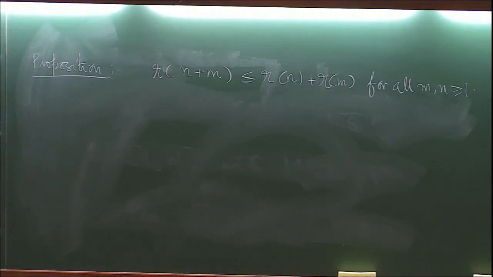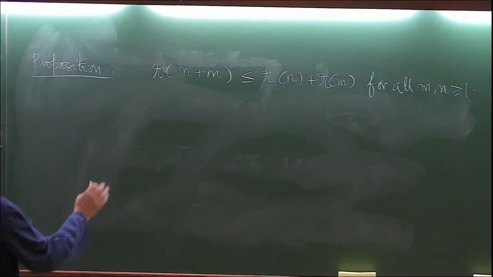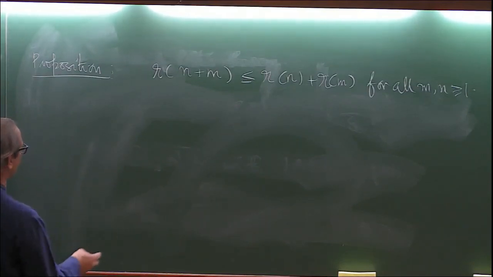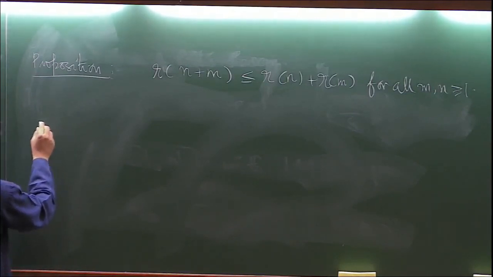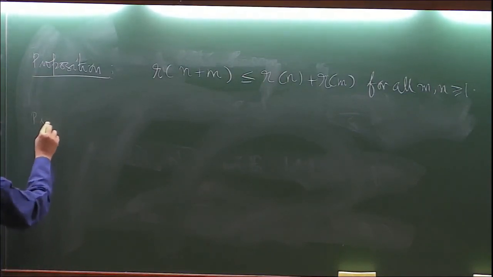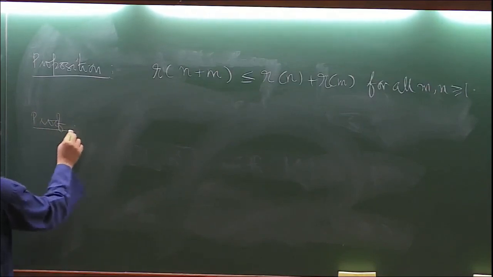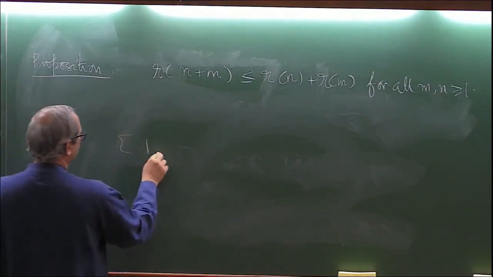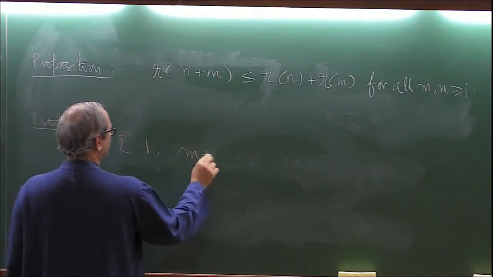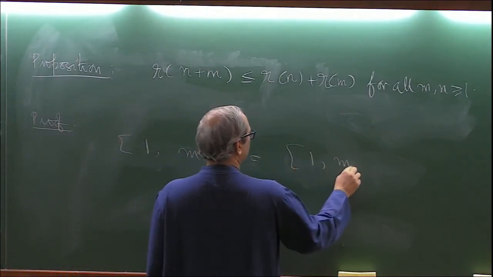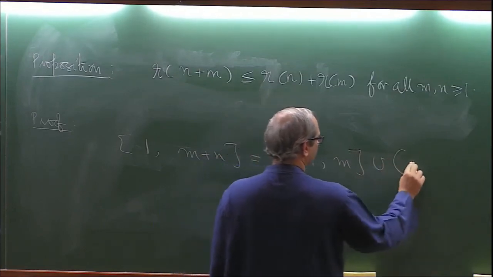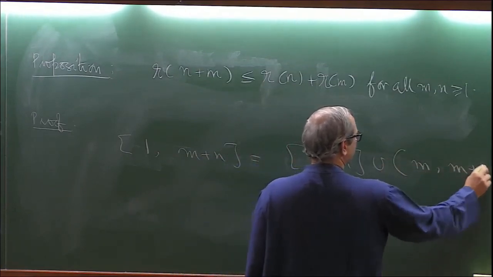So, now how do you prove this? It's a trivial proposition. So the proof: you take the interval 1 to m plus n, which is equal to 1 to m union m to m plus n.